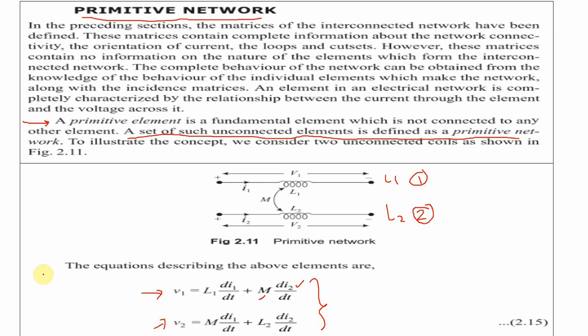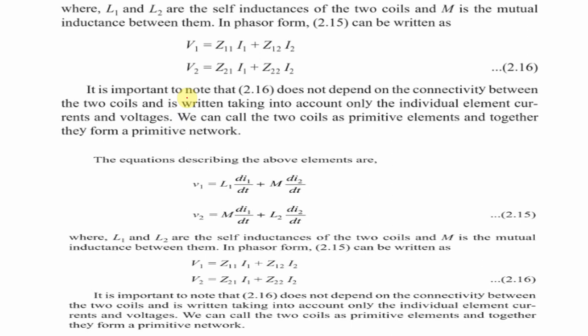From the objective point of view, they may ask what is meant by primitive network. Primitive network means a set of such unconnected elements which are not connected to each other, but it forms a network. That kind of network is called the primitive network, and these are the equations, in impedance matrix terms.